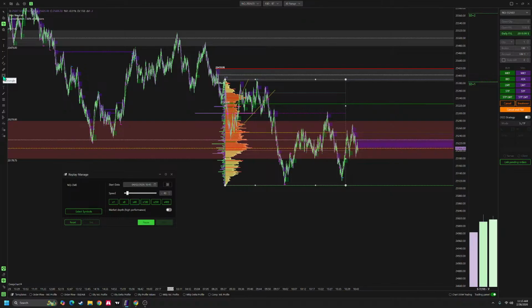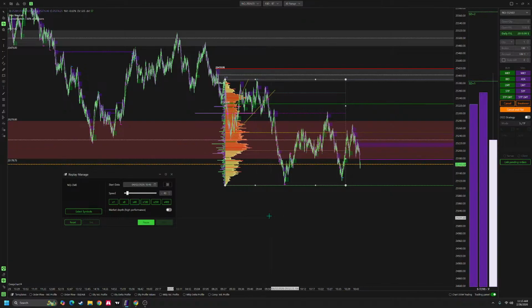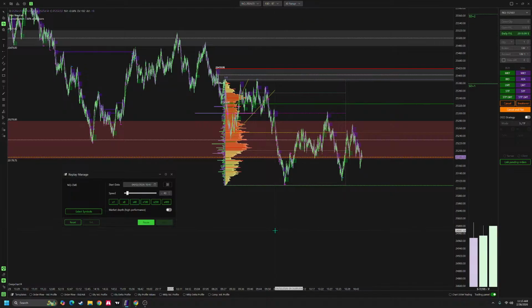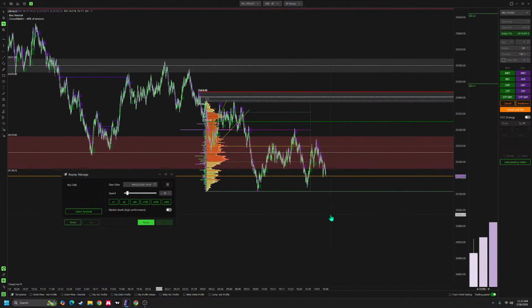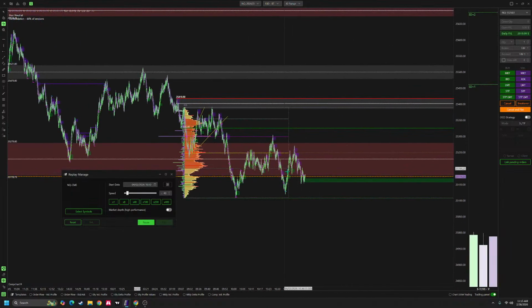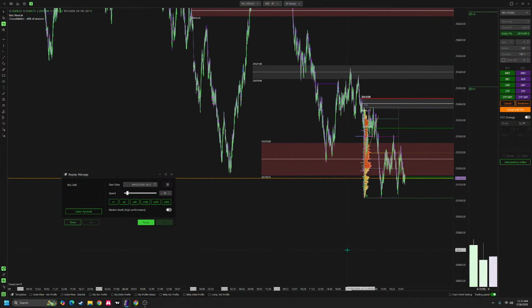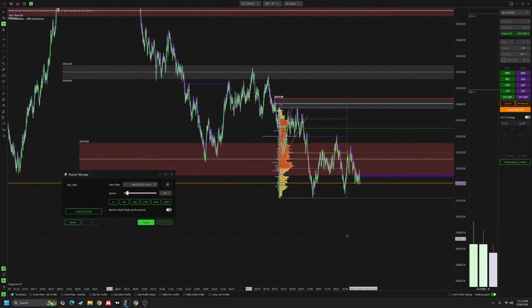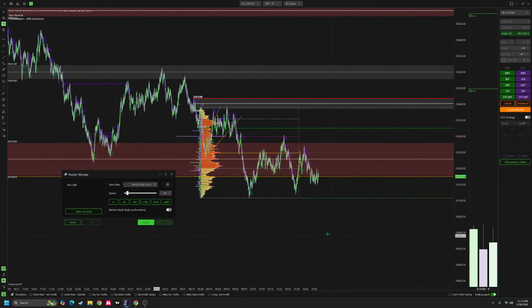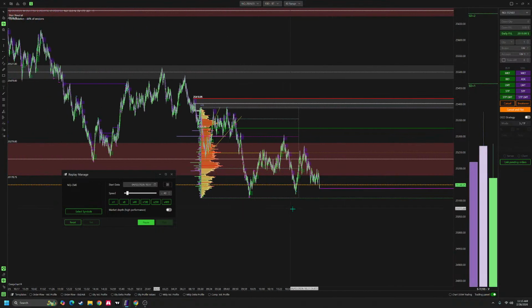And obviously this is like 40x speed, right? But here's what's interesting. You can really see we're spending a lot of time in this zone. That's where the value is being created, a little bit lower.